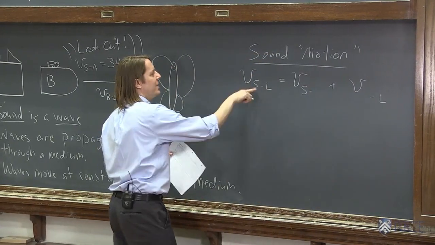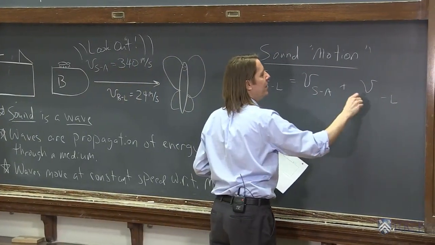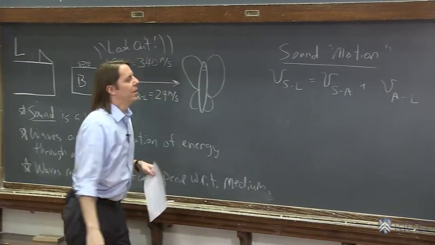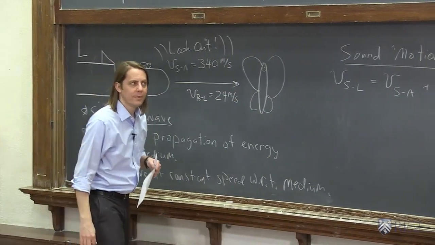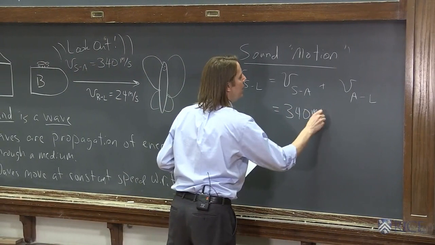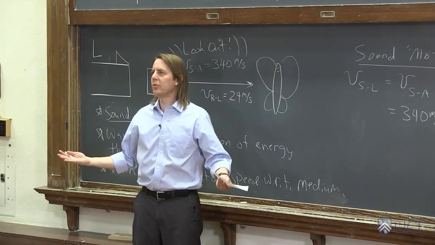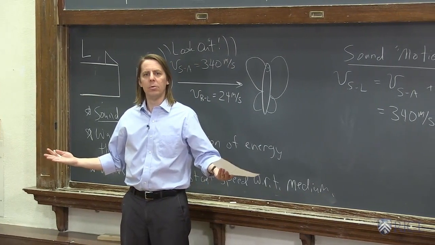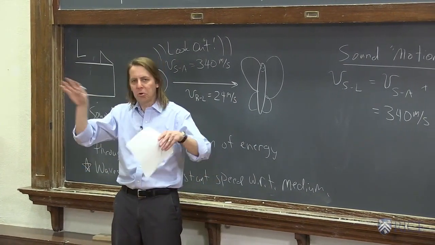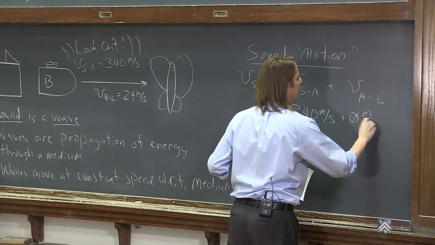So in this case, we have the sound in the air frame plus the velocity of the air in the lab frame. So in the lab frame, the sound is going at 340 plus the velocity of the air frame. Well, we're indoors and there's no wind, so it's 0. The air is sitting still. There are little currents here and there, but the air is basically sitting still, so it's basically 0 meters per second.